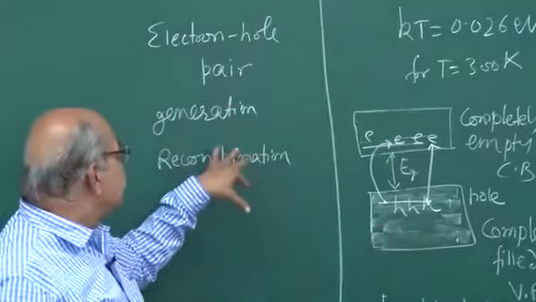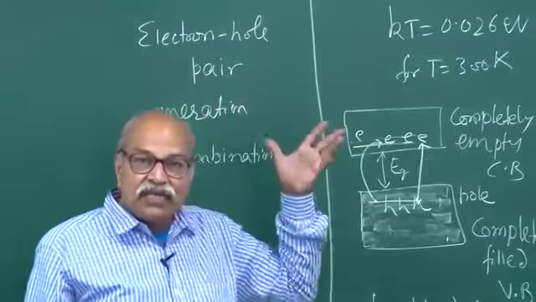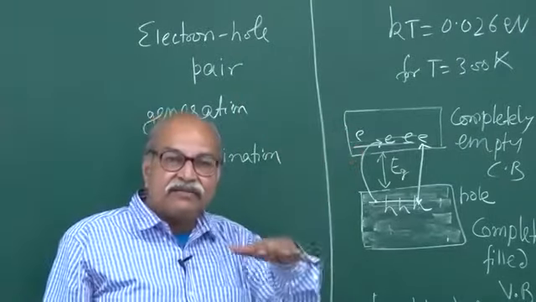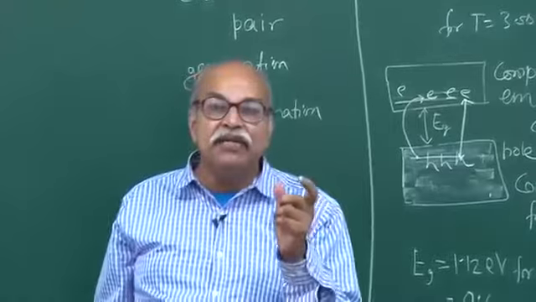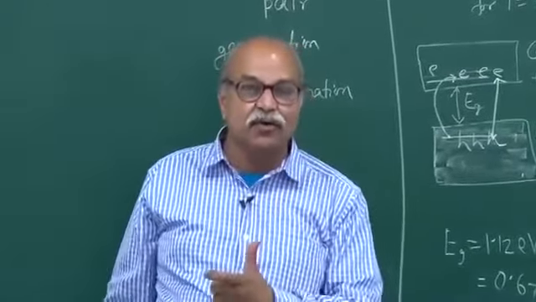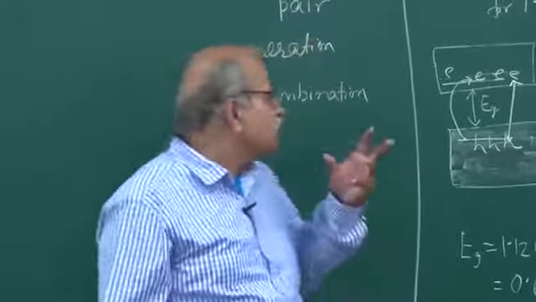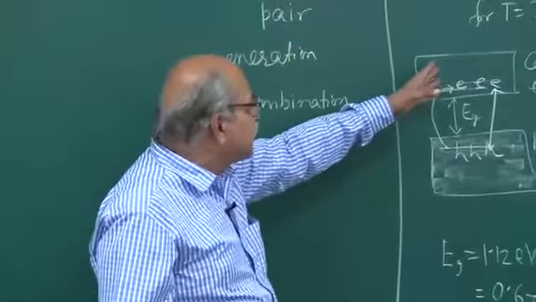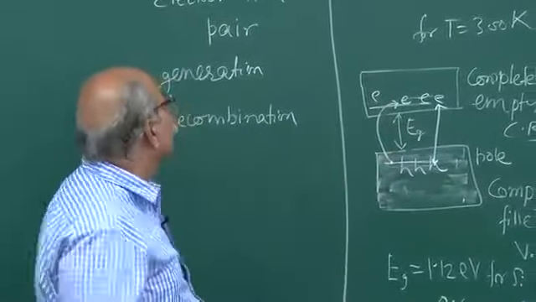So this kind of generation and recombination process will go on, and at any given temperature there will be an equilibrium number of electrons and holes per unit volume. So an equilibrium density of these charge carriers, these electrons and these holes.